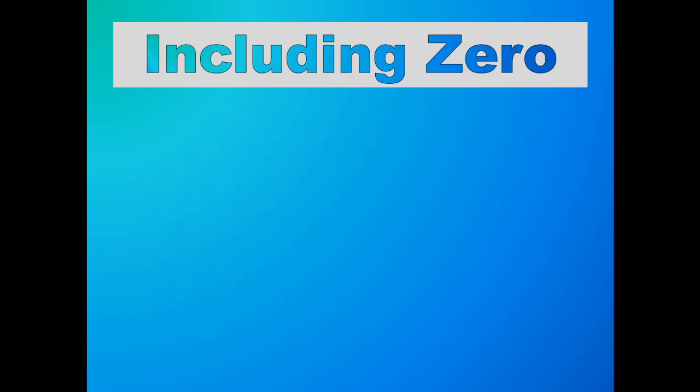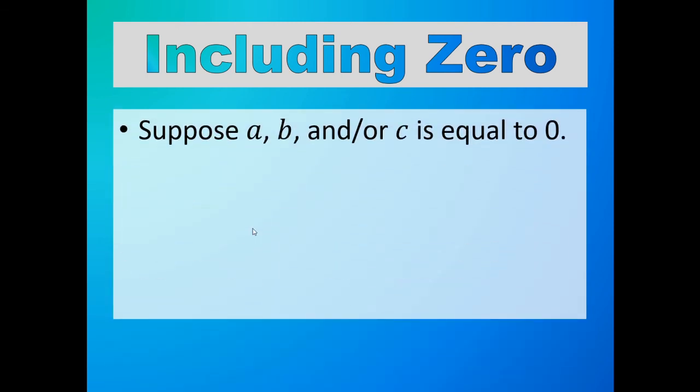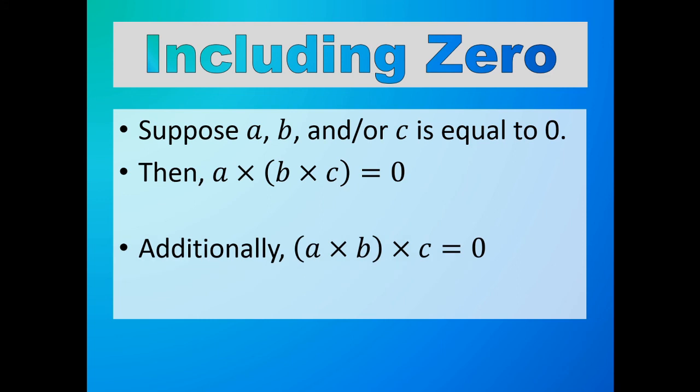Let's now talk about including 0 using the same pattern we used in the previous slide, but let's now use variables, use algebra. Suppose that A, B, and/or C is equal to 0. So we're talking about this specific case where you're including 0. Then A times parentheses B times C must equal 0.